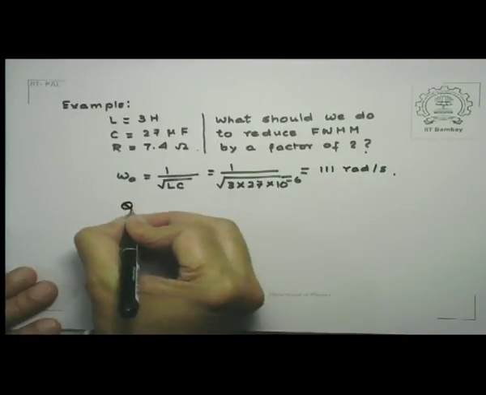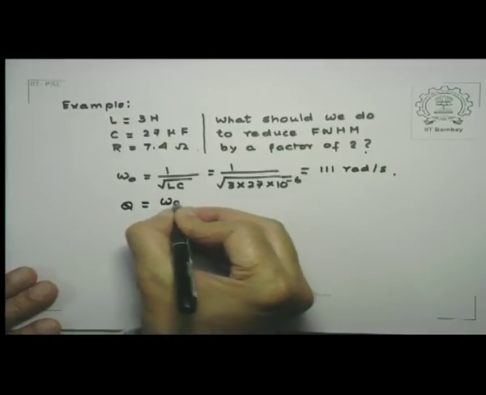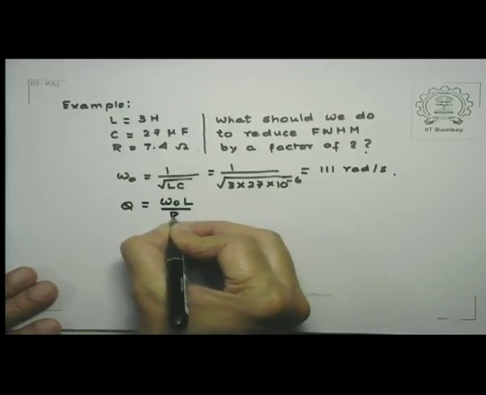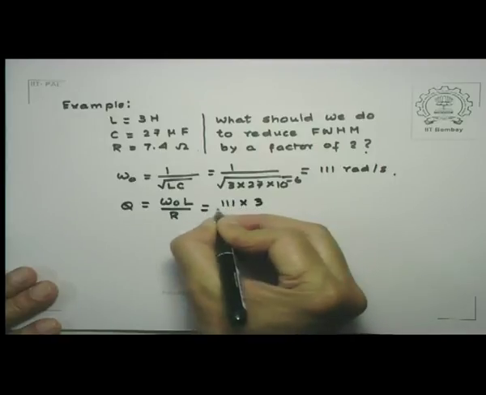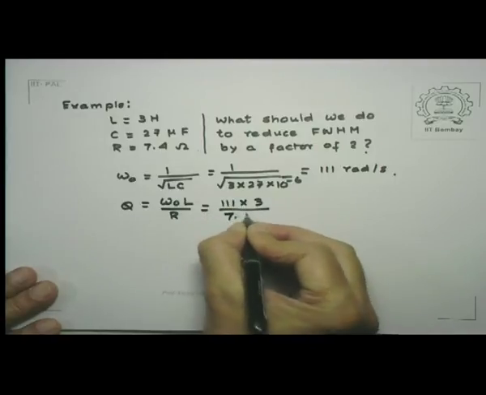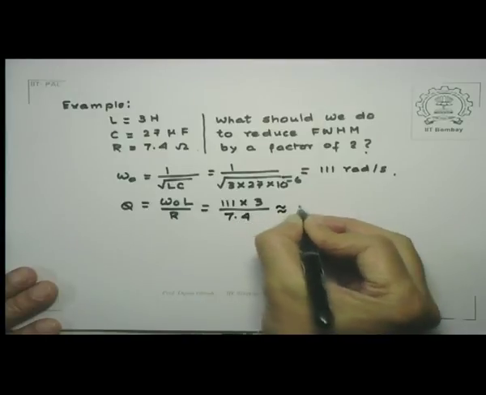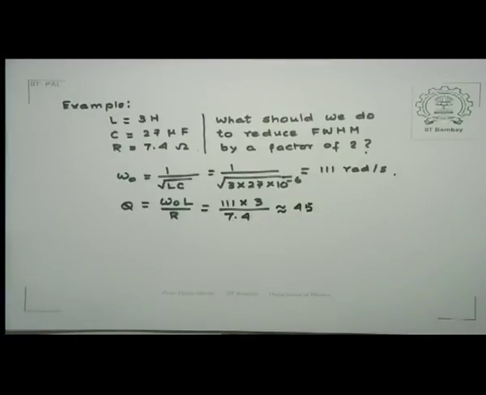And the quality factor is omega 0 L over R, which is 111 multiplied by 3 divided by 7.4, and that's approximately equal to 45. Now suppose keeping omega 0 fixed, I want to reduce delta omega.